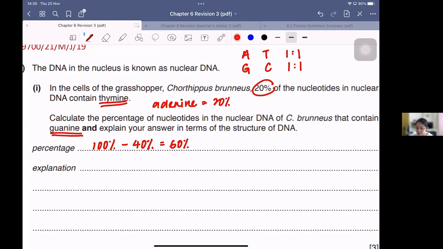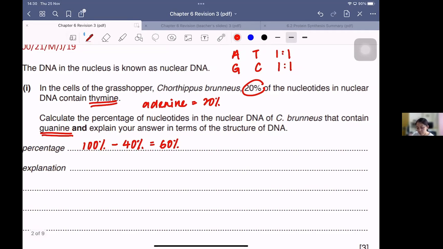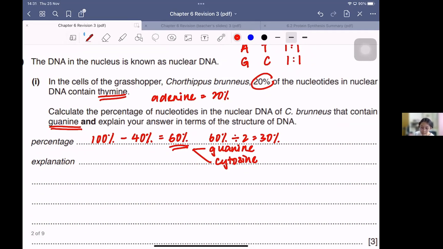But please take note that 60% is not the answer yet. We still have to halve the 60% to get 30%, because the 60% contains guanine and also contains cytosine. The question asks us to calculate the percentage for only guanine, and that's why we have to halve the 60 to get the final answer, 30%.